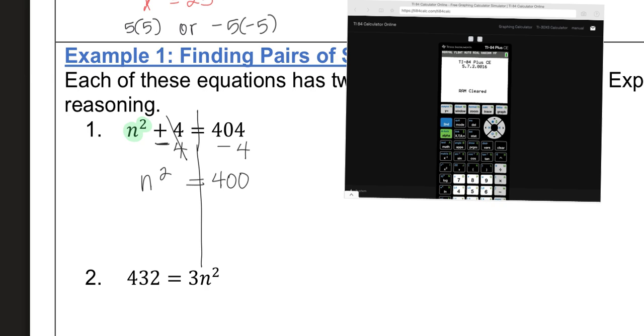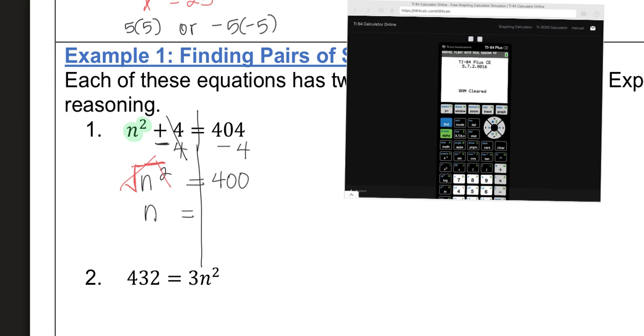All right, now for us to be able to solve this, we need to get rid of this power of 2. We have to get rid of this little exponent here. The way that we do that is by taking the square root. So that's going to look like this on both sides. That square root is going to cancel the power of 2, so on this left side, we only have n left over.